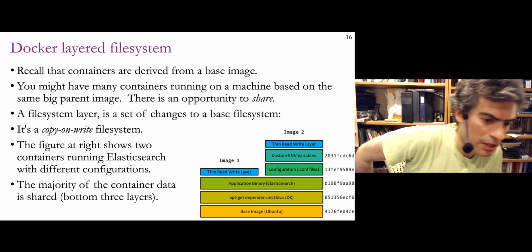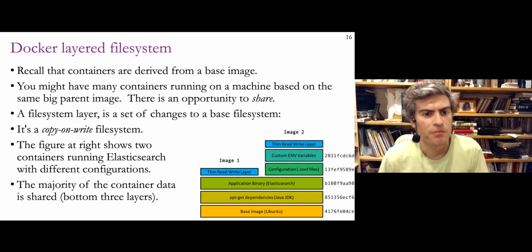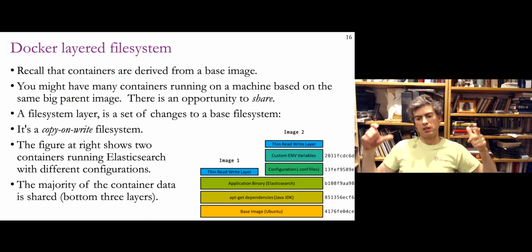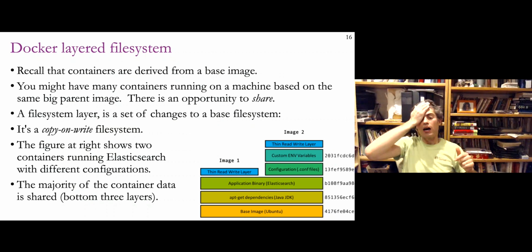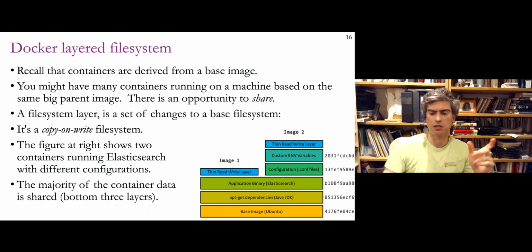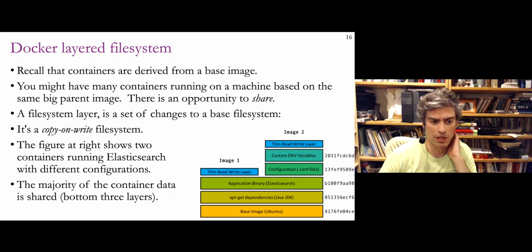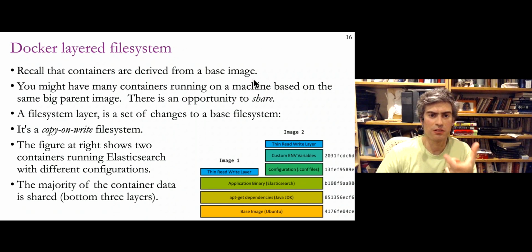But the secret of what makes Docker more efficient than virtual machines is this layered file system that allows sharing of operating system components between different containers running on the same Docker platform. Remember that containers are derived from a base image, which is a standard Linux installation. There are different options, but let's say we're developing two different containers based on the same image.